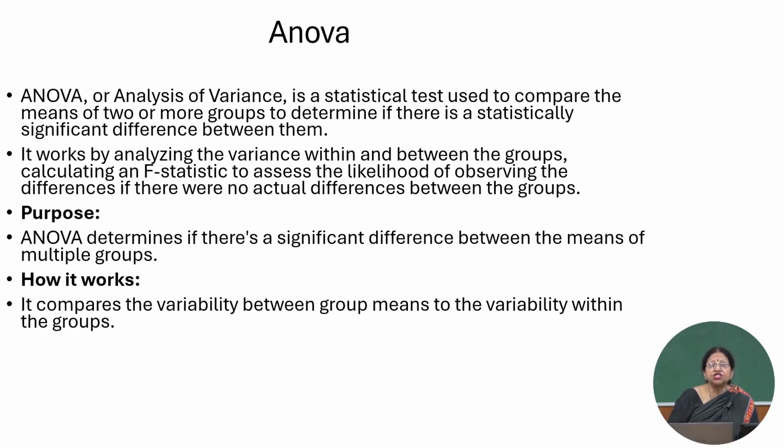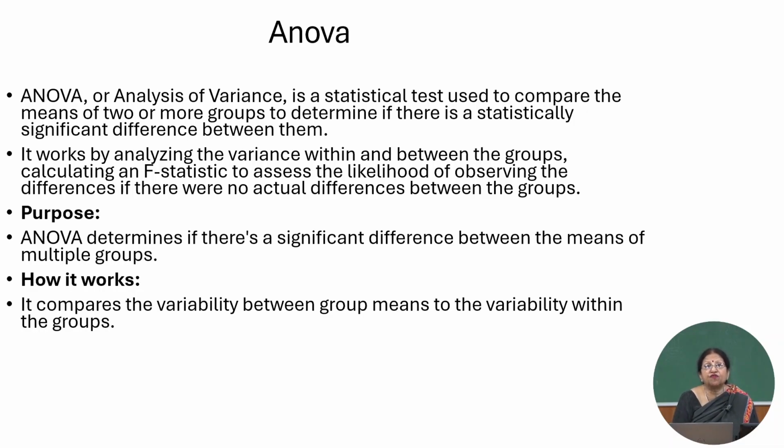ANOVA, analysis of variance, is a statistical test used to compare the means of two or more groups to determine if there is a statistically significant difference between them. It works by analyzing the variance within and between the groups, calculating an F statistic to assess the likelihood of observing the difference if there were no actual differences between the groups.